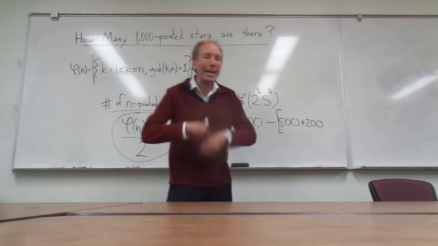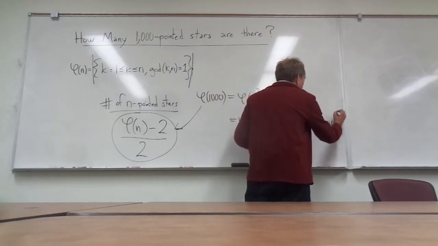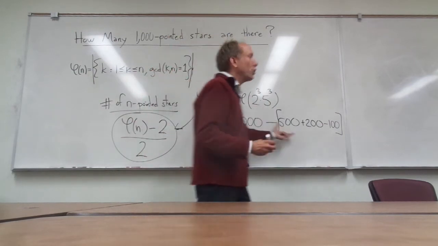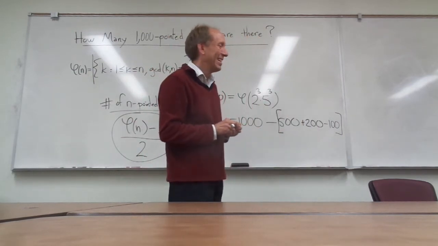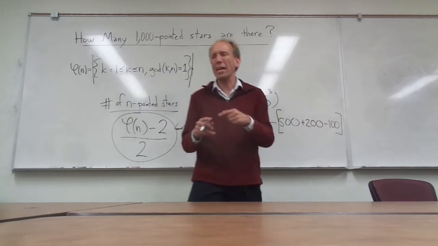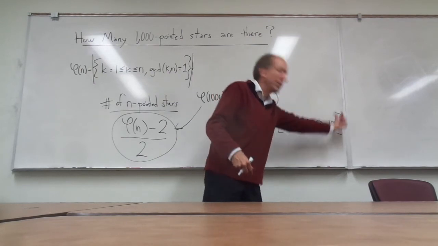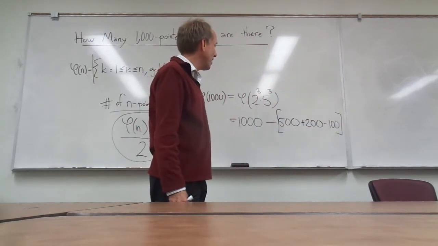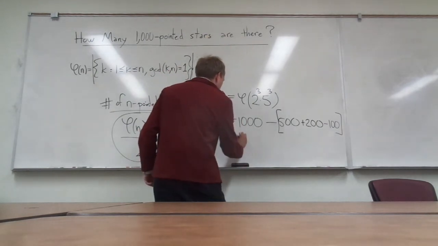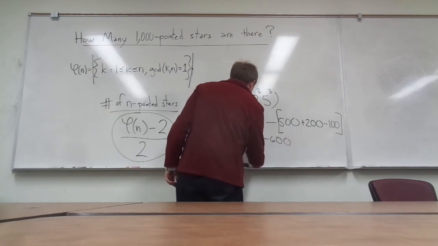We don't want to take it out twice. So to make sure we've only taken out the multiples of 10 once, I'm going to subtract 100 from the numbers that I'm removing. So I remove 500 numbers, I remove 200 more, and then I realize that I double removed some of them, so I stop double removing them by subtracting that value. This turns out to be 1,000 minus 600, which is 400.